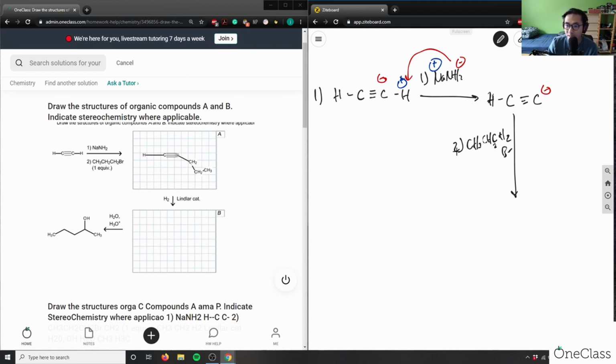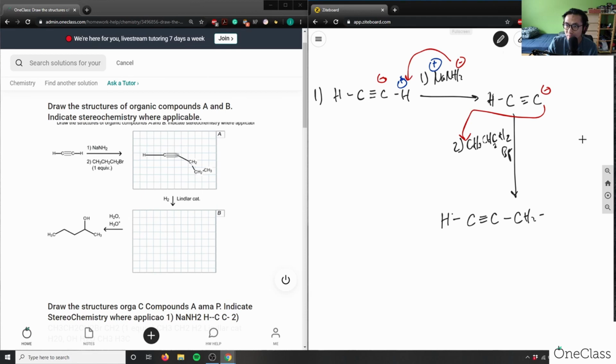It's going to attack on this side because the Br is negatively charged, which means this side is positively charged. So it's going to come in here and take this away.